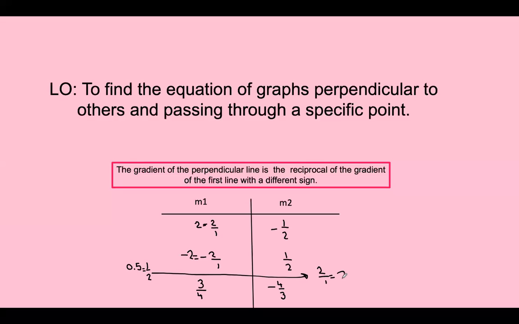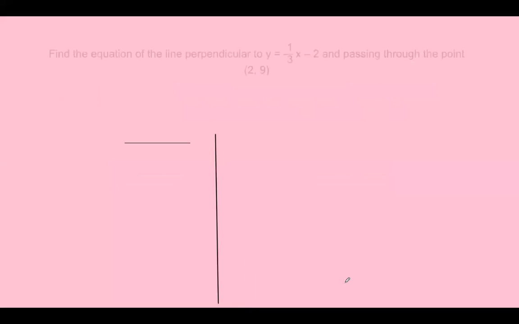But remember, with a different sign, so we need to add a negative sign in front of it. So it's going to be -2. So from 1/2 of the first one, -2 is the gradient of the second line that is perpendicular with the first line. Right, let's have a look at an example.